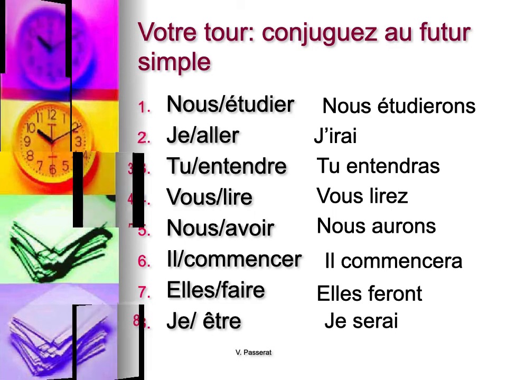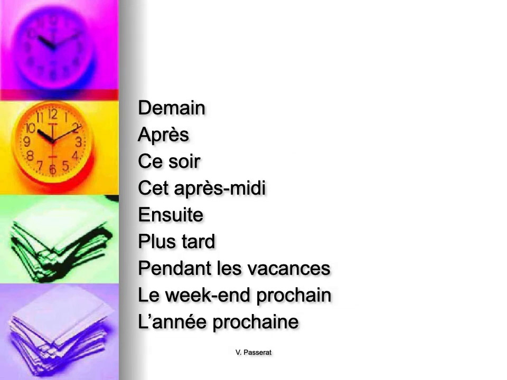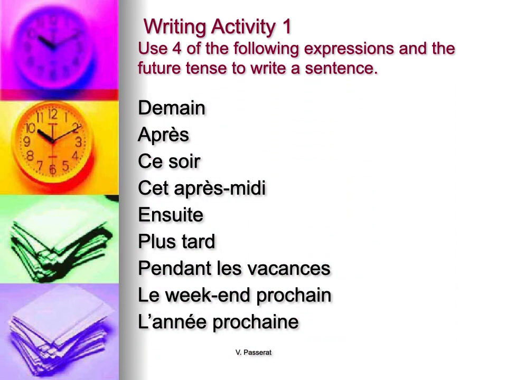Okay? So I have 2 activities for you to do and turn in for your classwork today. The first activity is a writing activity. You will use 4 of these expressions, which we have gone over in this video, and you will use the future tense, the futur simple, in fact, to write a complete sentence.